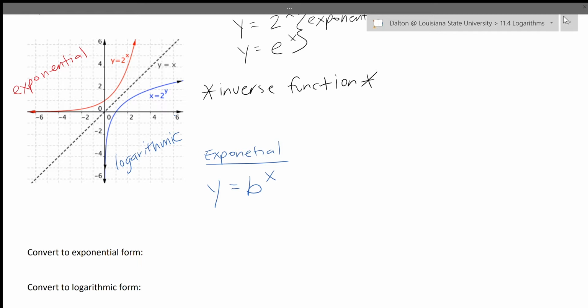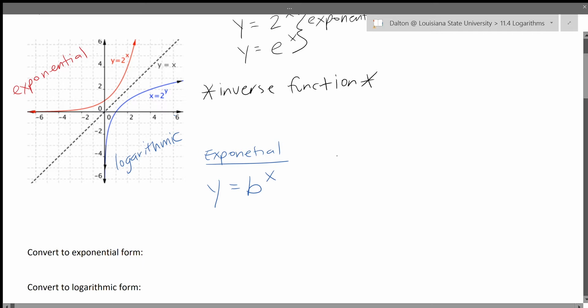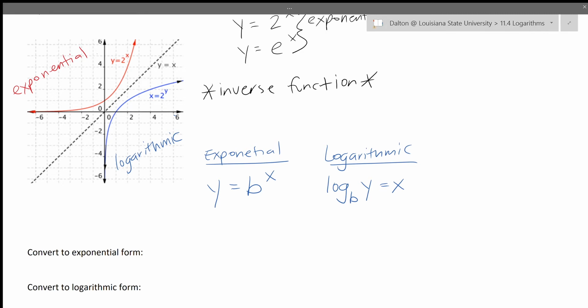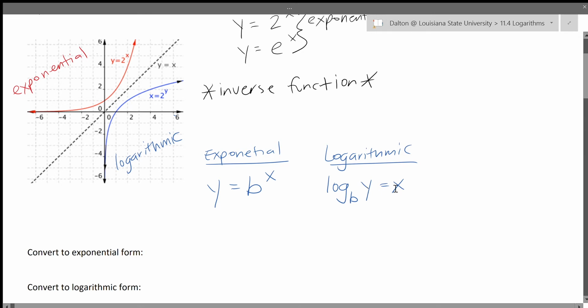If this is an exponential function, then we can define the logarithmic equation as log base b of y equals x. And when you write it, b is the base. Okay, so b is a subscript. And then y and x are just regular size, right in line with the word log.